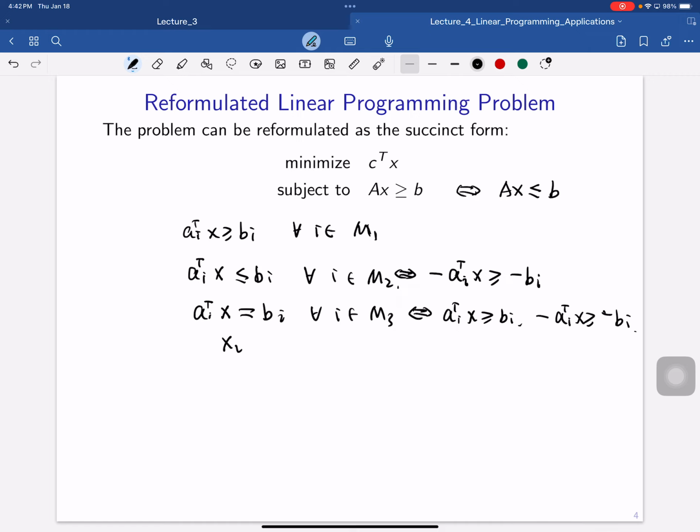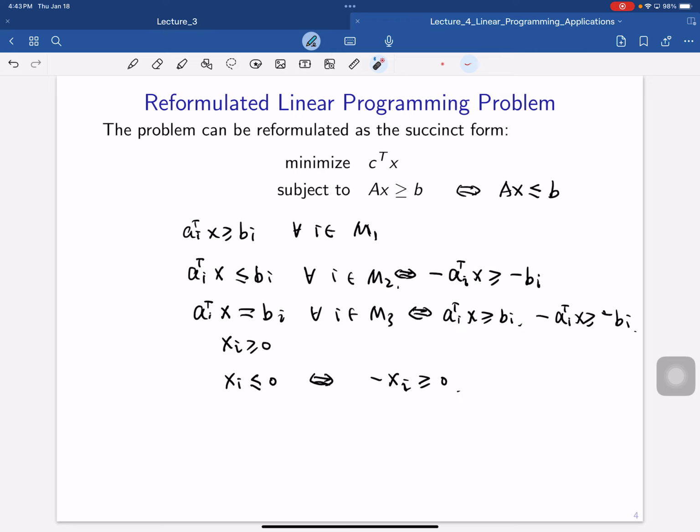If x_i greater than or equal to 0, it is already in the Ax greater than or equal to b form. There's nothing to be changed. If it's x_i less than or equal to 0, we can just write it as minus x_i greater than or equal to 0. So as you can see, for any type of constraint, we can always manipulate it such that it is converted to this generic matrix form. Is it clear for this part? Okay.